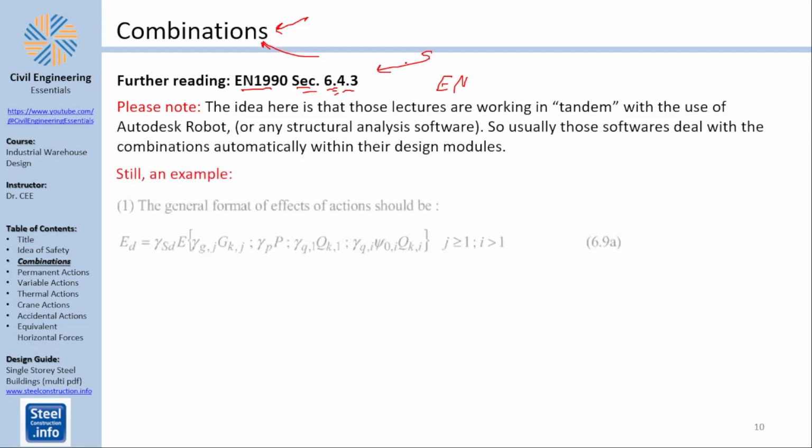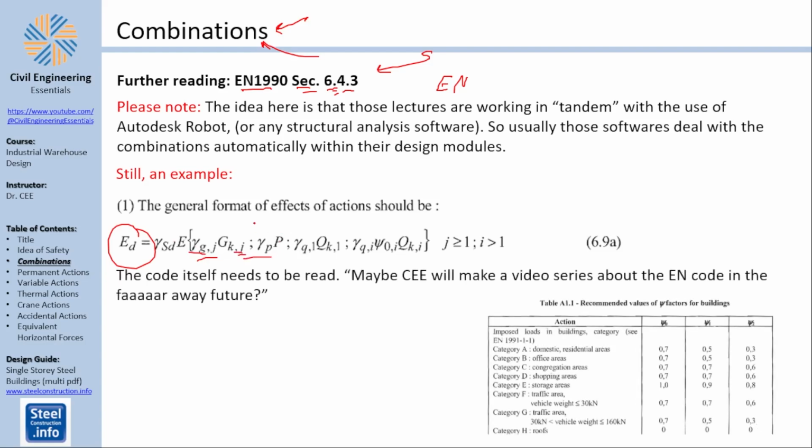I'll just give you an example. This is how you can calculate the effect of actions, I want to say. And there is a bunch of factors you need to multiply here, and you can select those factors from tables and so on. Now, the code itself needs to be read, but I will not be explaining this.